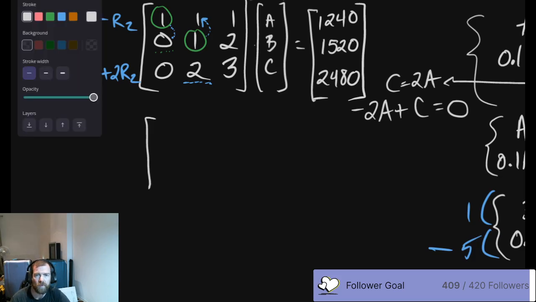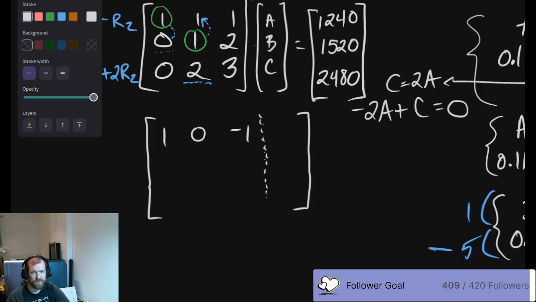Okay, so row 1 minus row 2 is going to be 1 minus 0 is 1. Next one, 1 minus 1 is 0. Next one, 1 minus 2 is going to get us negative 1. There's also another helpful thing that we do sometimes. This is called augmenting the matrix. We just put a dotted line there, which means, okay, look, this matrix is going to be continued over here.